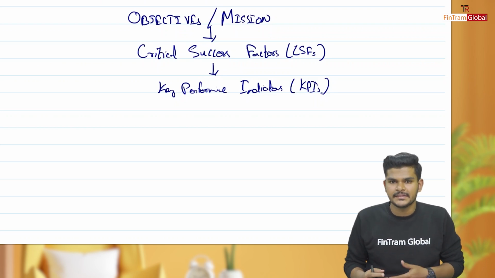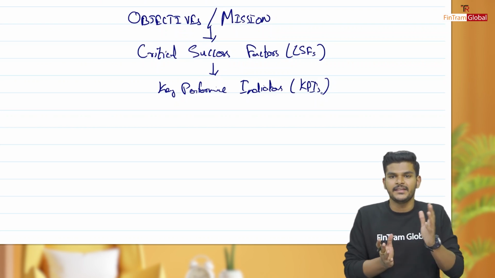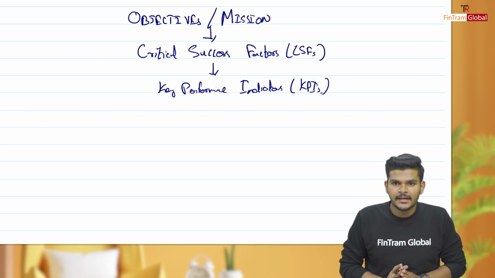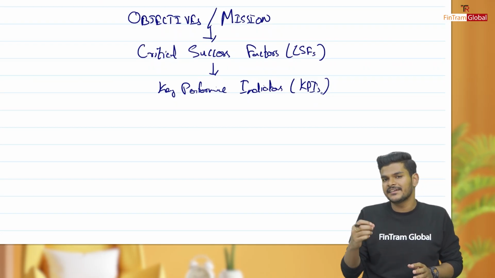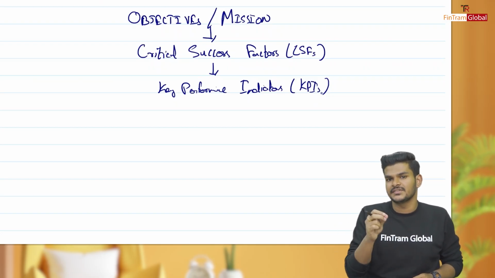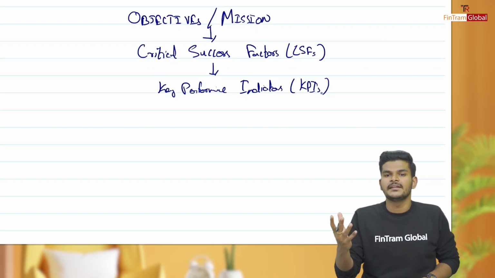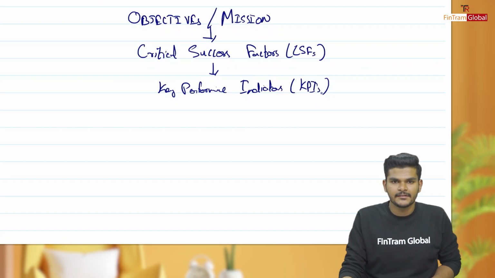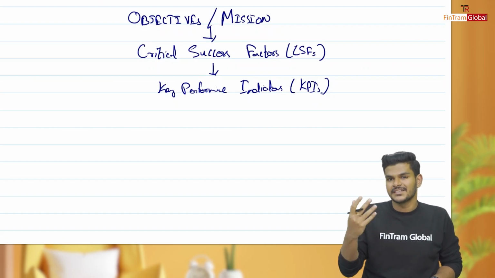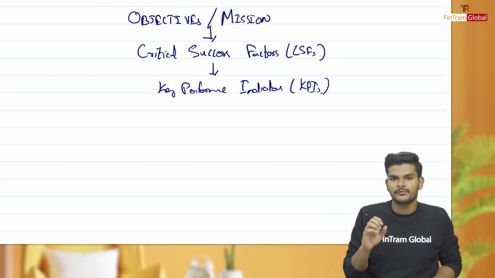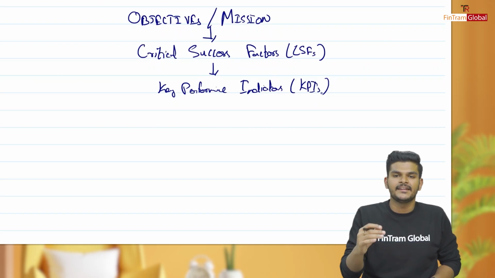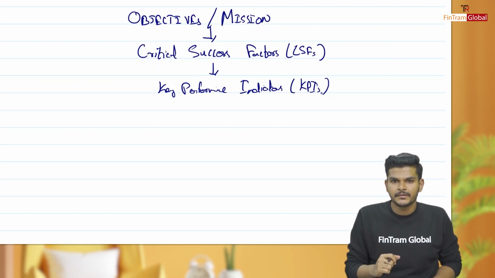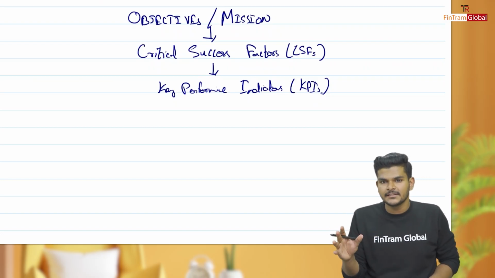For example, let's say I'm taking a company like Swiggy or Zomato for that matter, right? There are several critical areas which are relevant for that business to succeed. For example, on-time deliveries is an area where they have to excel at, right? Customer service is an area where they have to excel at. Good quality food is an area which is relevant to them, right? So for each of these areas, what will they do?